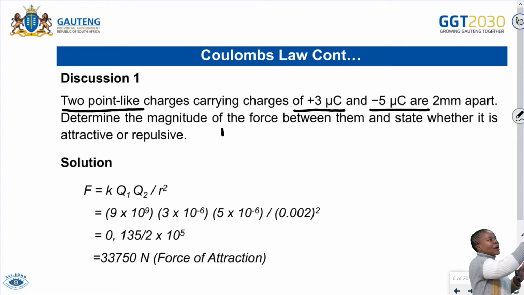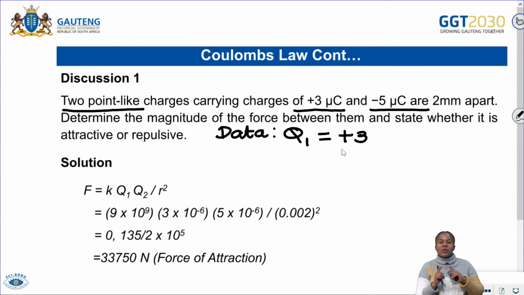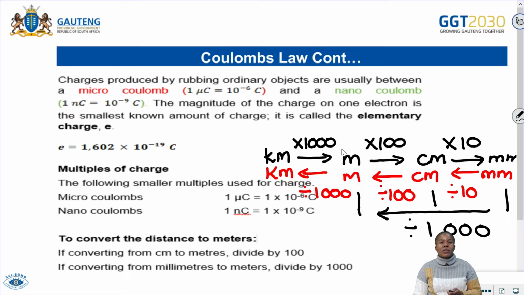So if you were to write the data, we do know that you have Q1 and it is what? Positive 3. Because now we don't deal with microcoulomb, we deal with coulombs. And then you ask yourself, how do I change from microcoulomb to coulomb? Remember, if I can just go back to the previous slide, we said microcoulomb is times 10 to the power of minus 6.